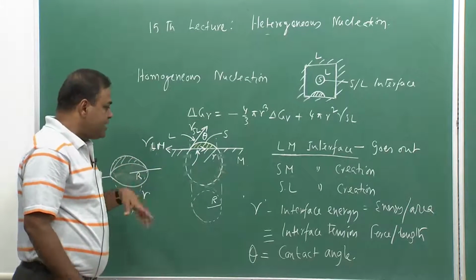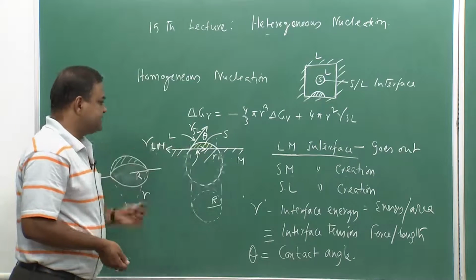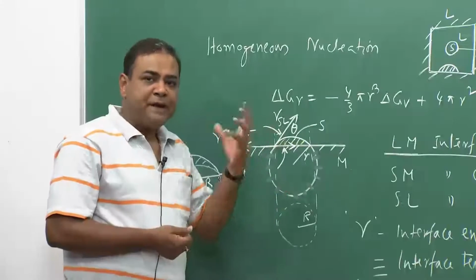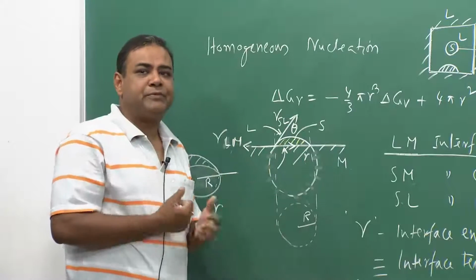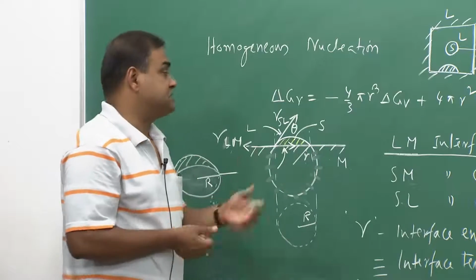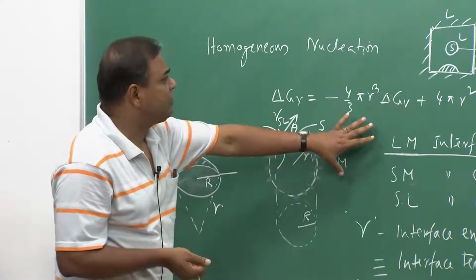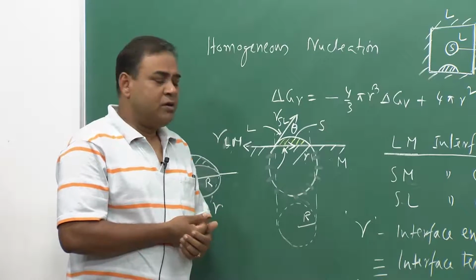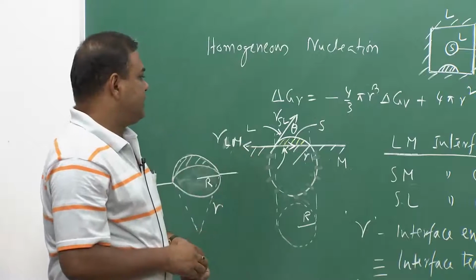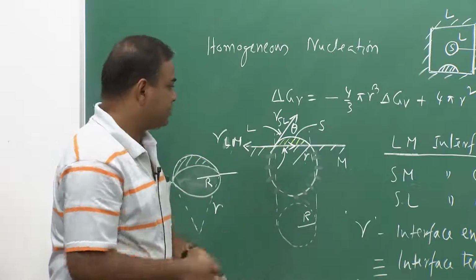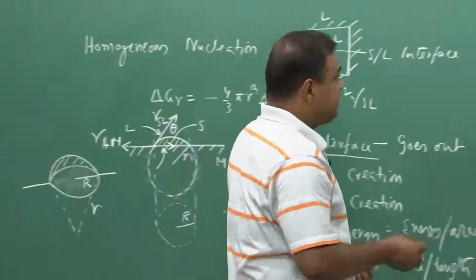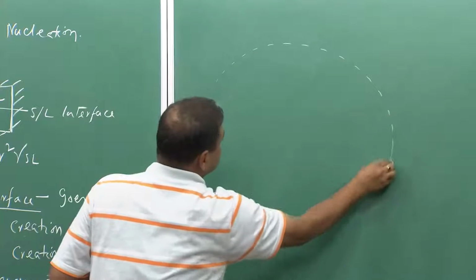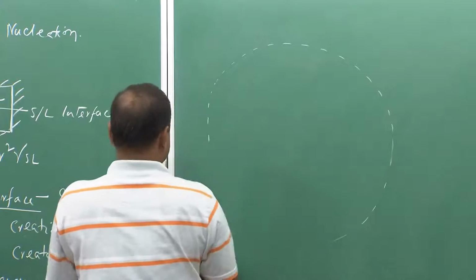This contact angle will decide the effectiveness of this mold wall for the precipitation. Now, let us do this analysis, then you will see that yes, this mold wall tries to bring down the total energy requirement for solidification or phase transformation. This will be valid, though we will do it for solid liquid, but it will also be valid for solid state transformation. So, first do this treatment in the case of solid liquid.